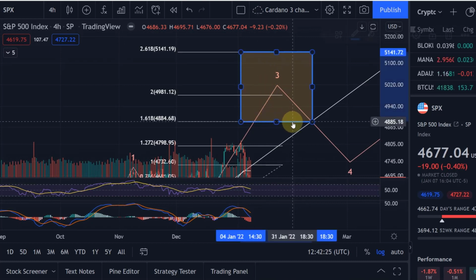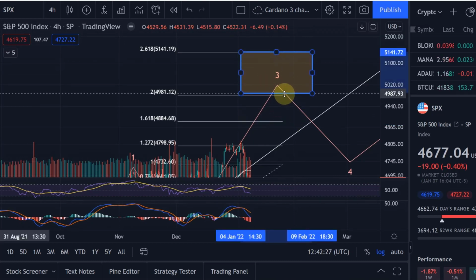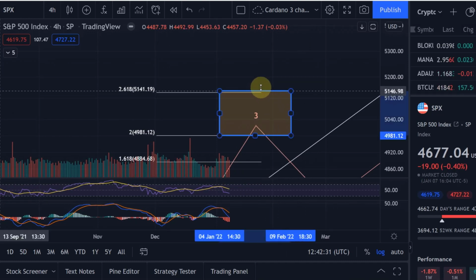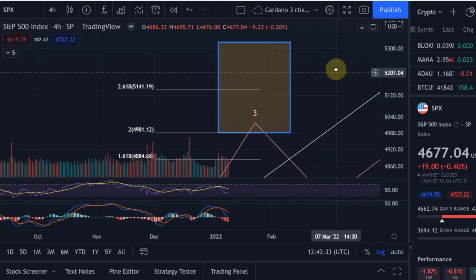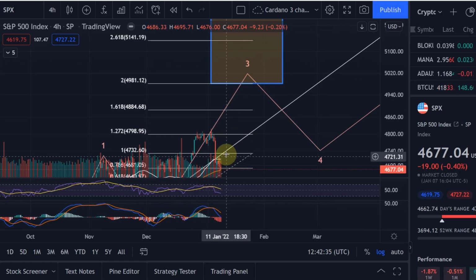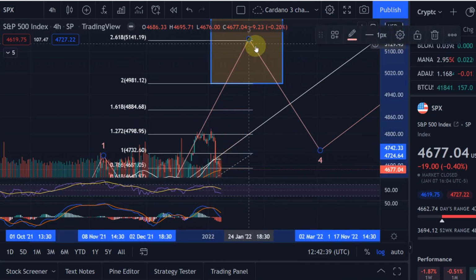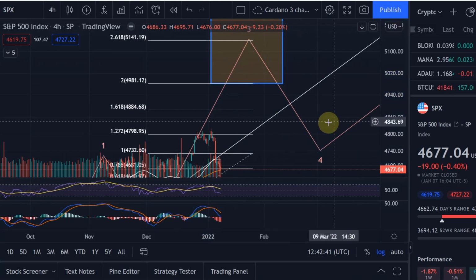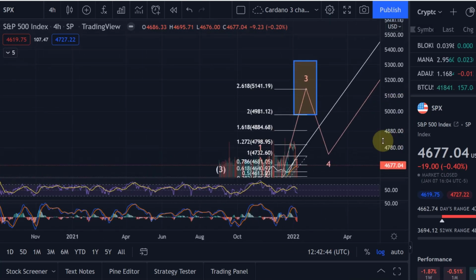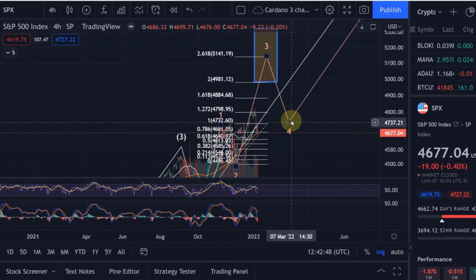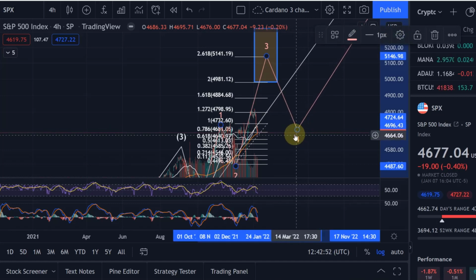So possibly I wouldn't even start at a 1.618. I think the target area here would rather be between this fib level, and then I would even go one level higher. So we can expect the price to continue to rise into this wave 3 area here before we get a retracement in a wave 4 and then move up in a wave 5 after that. Now, in this wave 4 retracement, you could expect prices of maybe around the 4,500 mark.